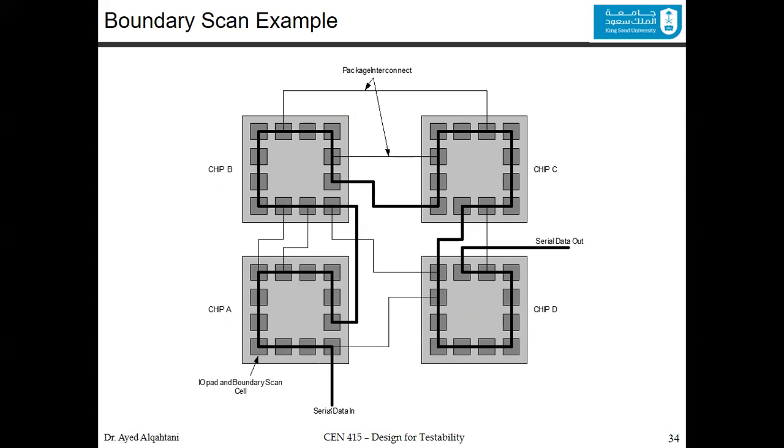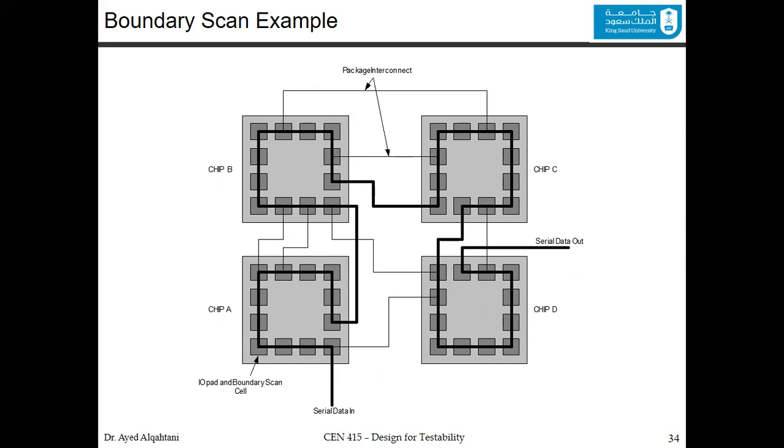So you clock in all the serial data in, and then you do the normal testing, and after that you get the serial data out to get the signature of that test, and you can compare it against what you expect and check if the testing is correct or having a problem. So basically, in the boundary scan, you try to shift through all the pins.